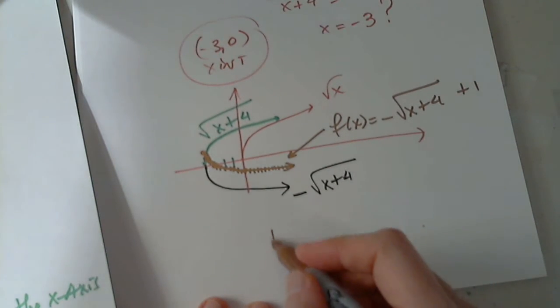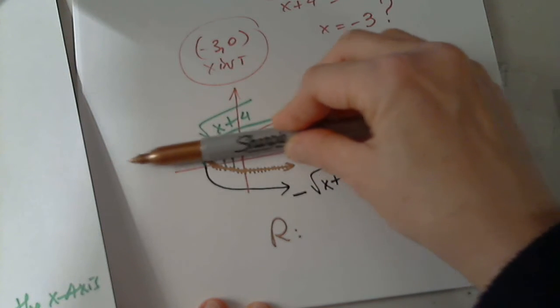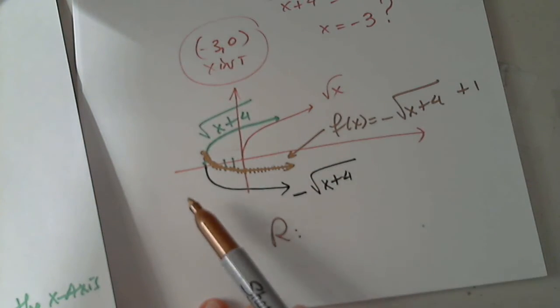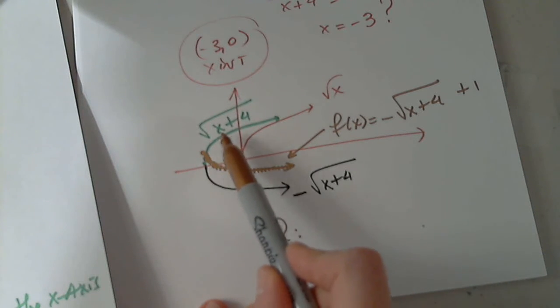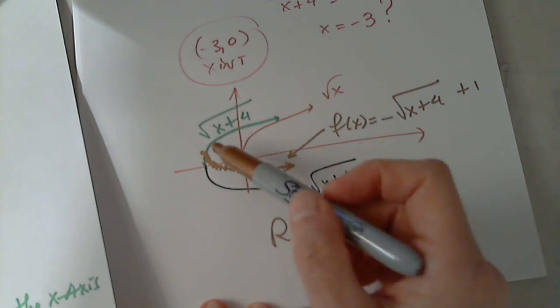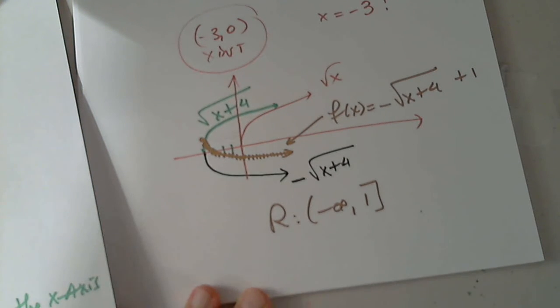If I'm asked to find the range, very clearly, from -infinity till this point. So when x is -4, this is 0, so it's 1. So from -infinity to 1. This is what I would do, and this is how I would present number 12.